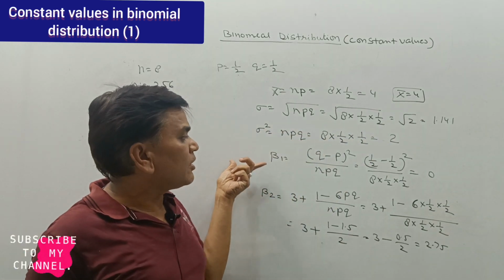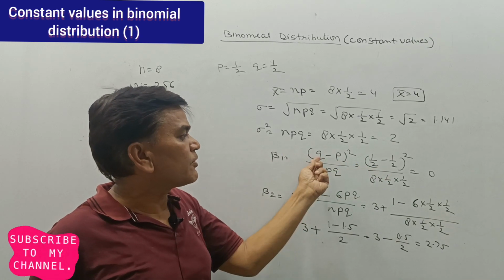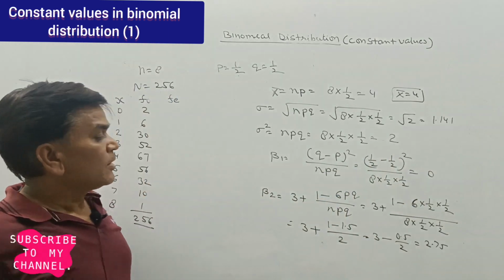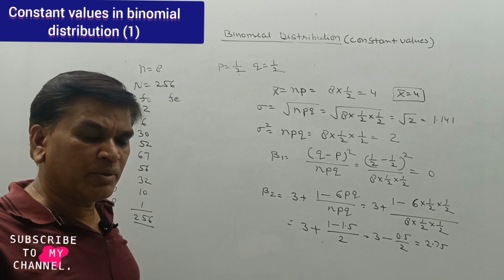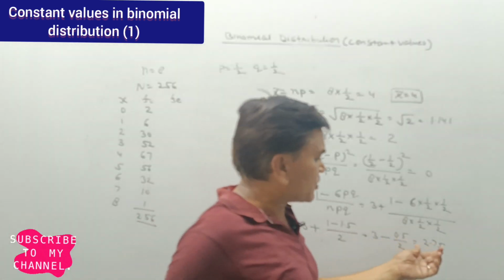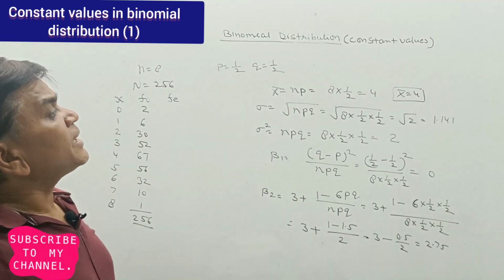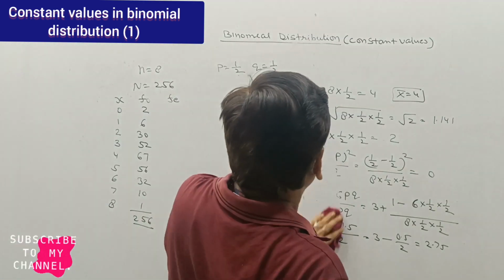The moment coefficient of skewness will be 0, because 1/2 minus 1/2 is 0. Then we have calculated the measure of kurtosis, so the kurtosis value is 2.75. In this manner we can calculate the constants related to the binomial distribution.